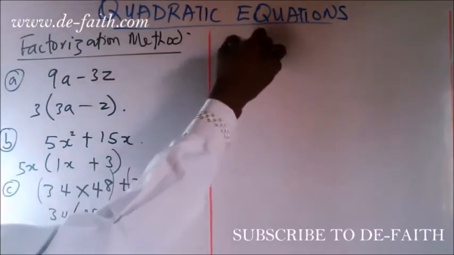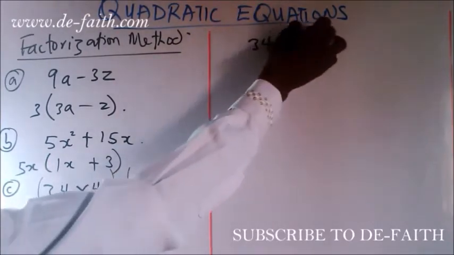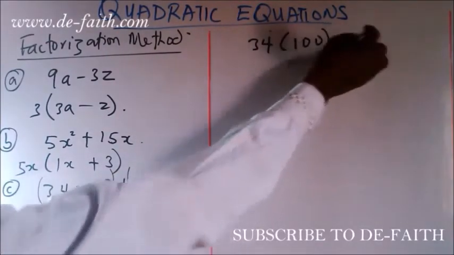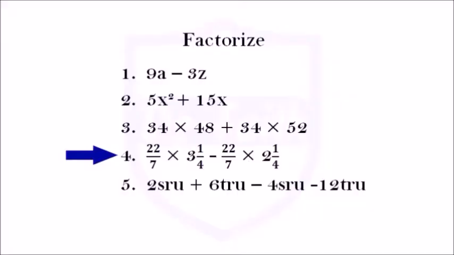And so we'll have 34 into brackets 48 plus 52, that gives 100. Then 34 times 100, that gives us 3,400 as the answer.